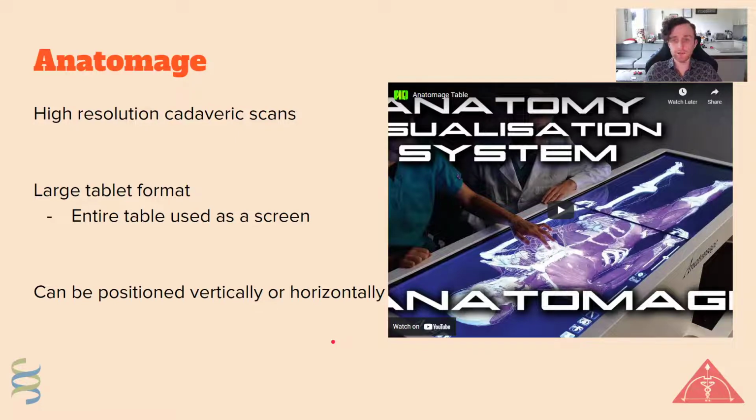Entirely interactive, so you can just utilize it as you would any kind of tablet, phone, touchscreen. Very responsive generally to manipulating the models, and I guess similarly just as natural as it would be using the Complete Anatomy, but you're just getting much higher resolution cadaveric images as part of this software.